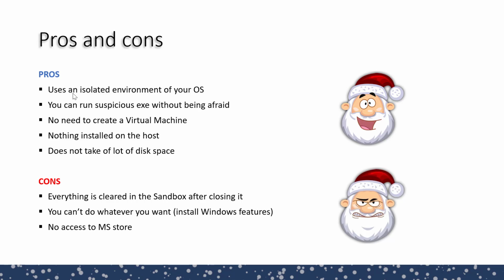The inconvenience, though it's not really an inconvenience, is that everything is cleared in the sandbox after closing it. So if you want to have something like a lab, you will need to create a configuration file. We will see this later. And you can do whatever you want in Windows Sandbox, like enable a Windows feature, run Microsoft Store, etc.